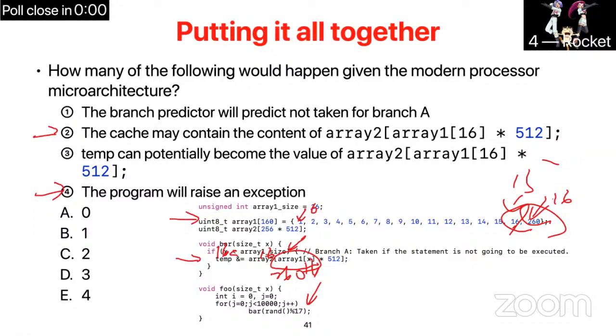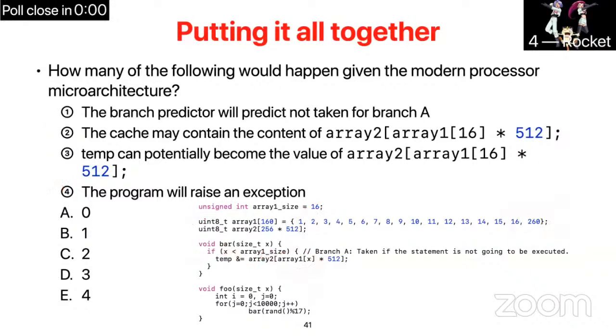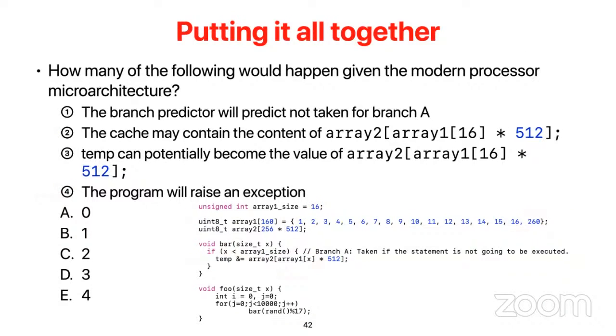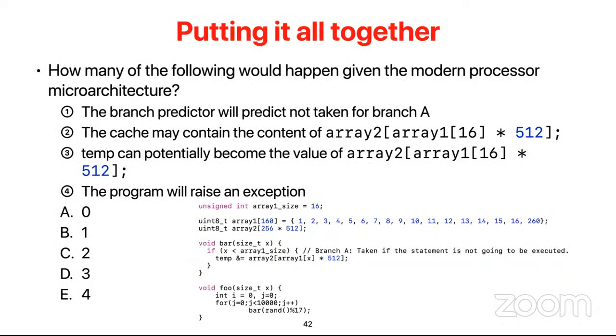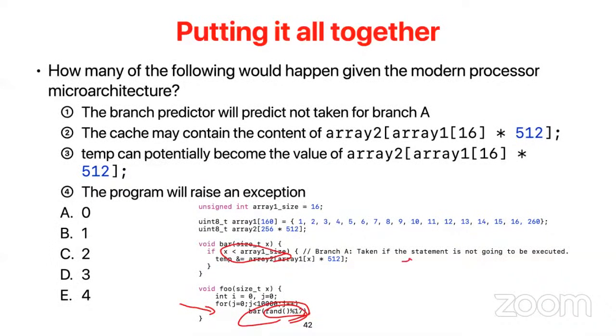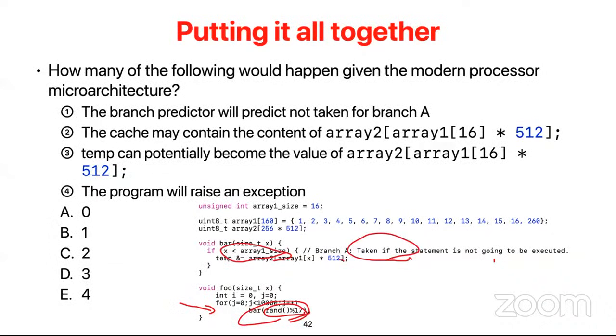So let me tell you about this. First of all, if you look at this code, the full function will call bar many times. And most of the time, because we modded by 17, the random number is smaller than the array size. So the branch, we say taken if the following statement is not going to be executed. Most of the time, we are actually going to execute the statement.